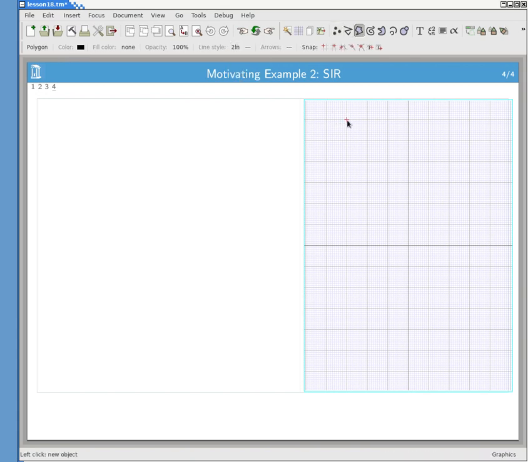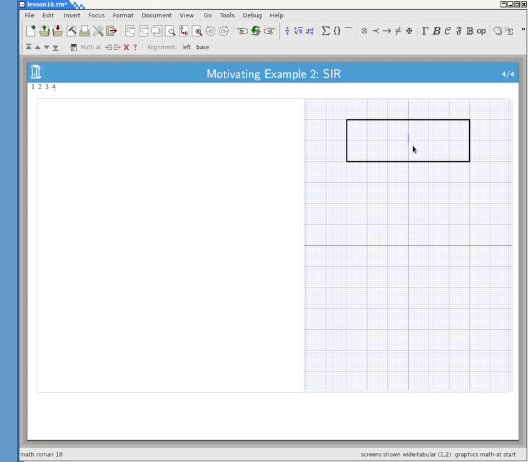Let's say that this total population is represented by a rectangle, and the total population is n individuals in the population.